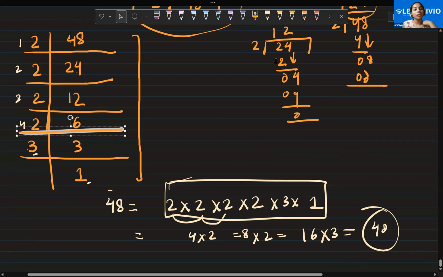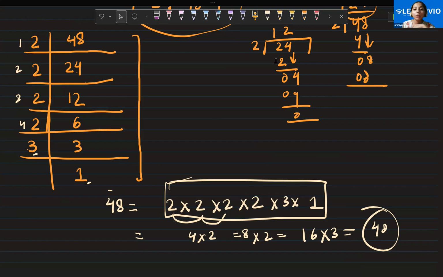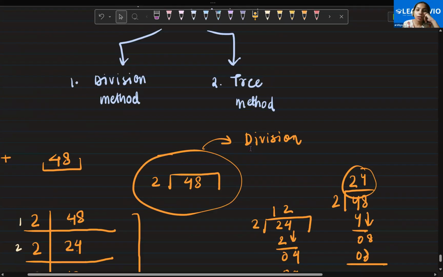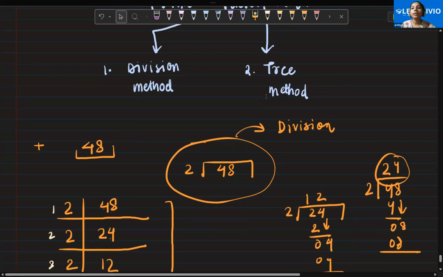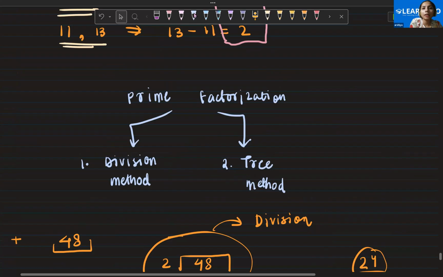All right. Now we will use the tree method. Okay. So this was the division method. Now I'm going to start with the tree method. And in that tree method also we can do it in two different ways. Okay. Add one more thing.